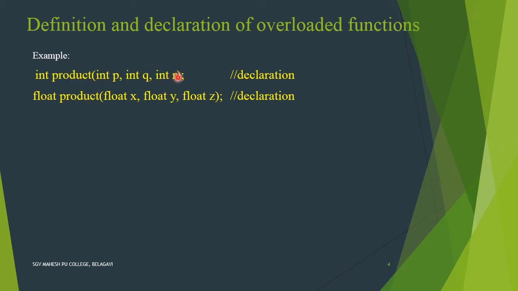I'm passing three arguments of type integer p, q, r. It is returning an integer. The second function is also product, but I'm passing three arguments of float type, x, y, z, and it is returning a float. So this process is the declaration of overloaded functions.